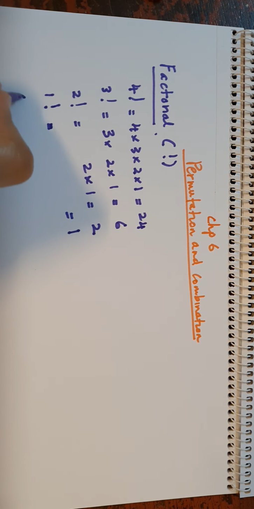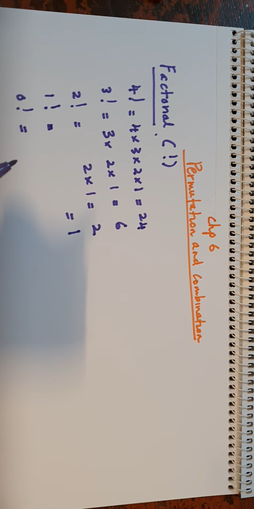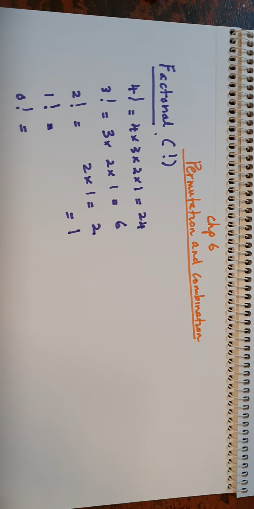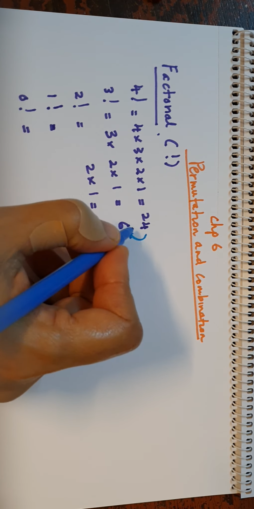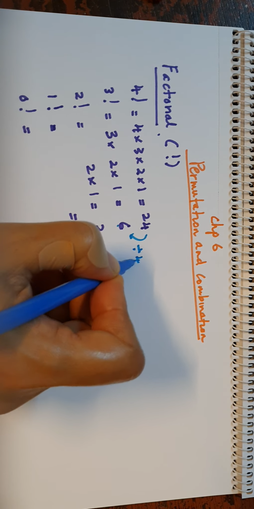Okay, so if I were to give you 0 factorial, many will ask, teacher, what about 0 factorial? What does it mean, 0 factorial? Okay, so when I say 0 factorial, you just have to look at the pattern down here. Can you notice this is 24 to then 6? So from 24 to 6, you divide by 4.